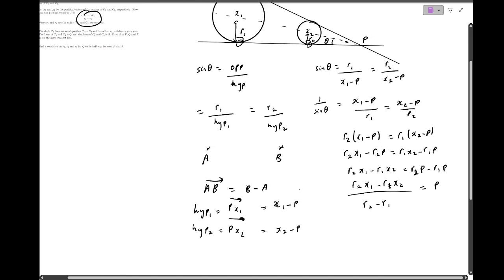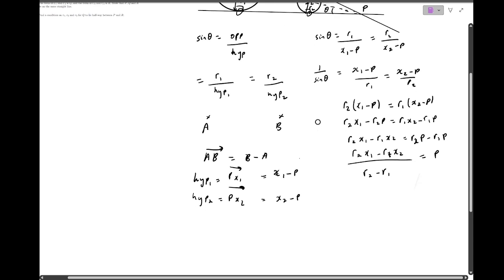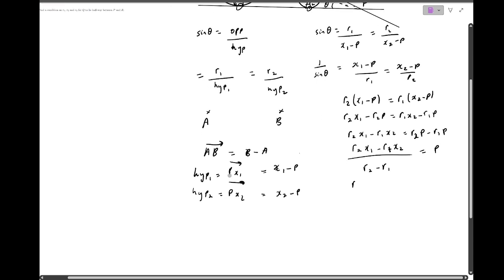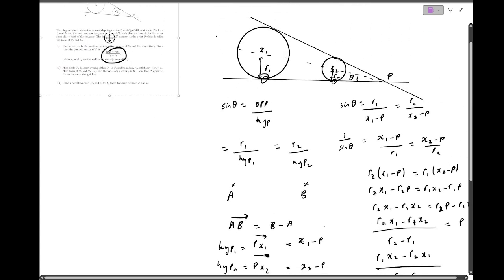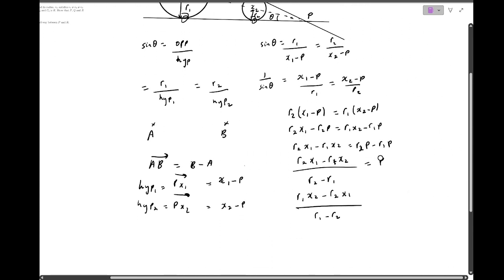Now we just multiply top and bottom by -1, and we'll get (r1 x2 minus r2 x1) over (r1 minus r2), because we want this thing here. But yeah, that equals p, and we've just shown that, right?